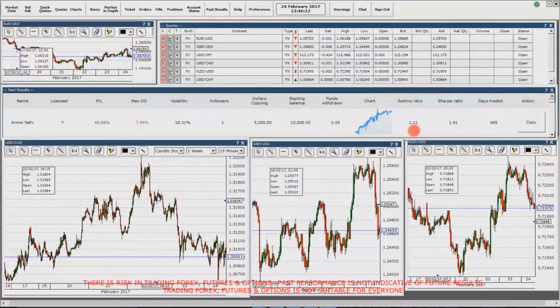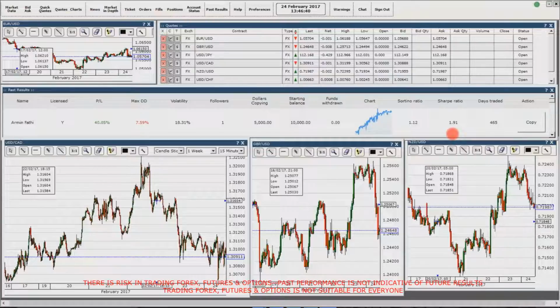The next thing that I like to point out are these two ratios, Sortino ratio and Sharpe ratio. Both of them allow you to evaluate what kind of risk I have applied in the past, or should I say so far.